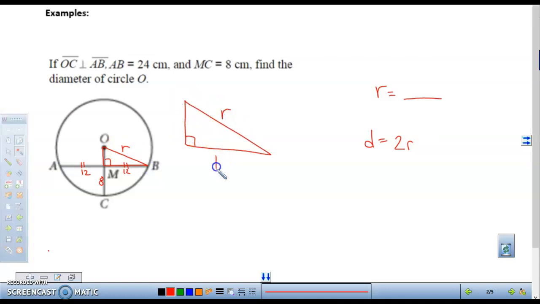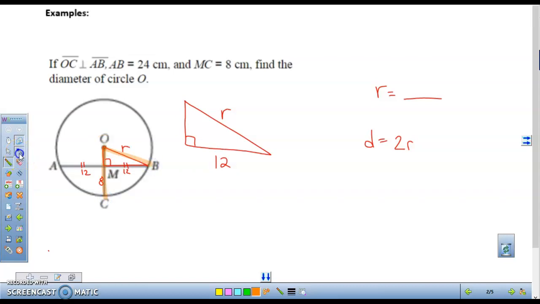This is my radius. This is 12. Now, the piece of information from the given that I've yet to use is the fact that MC is equal to 8. And the way I'm going to use that is in this diagram. Remember what I told you in chapter 6? In a circle, all radii are congruent to one another.